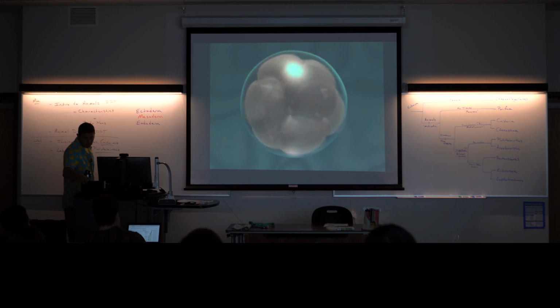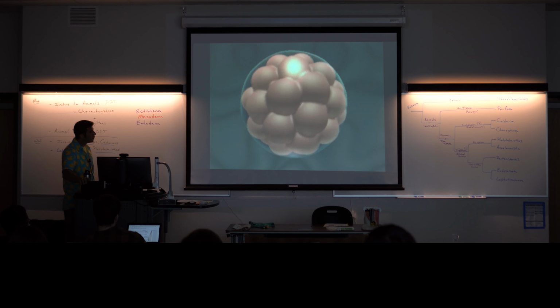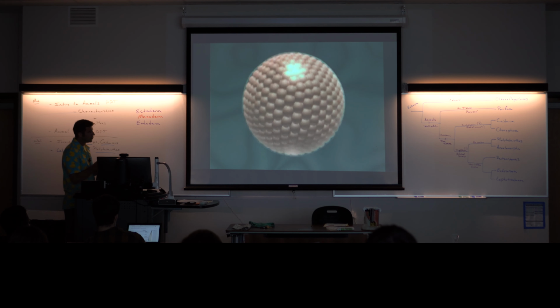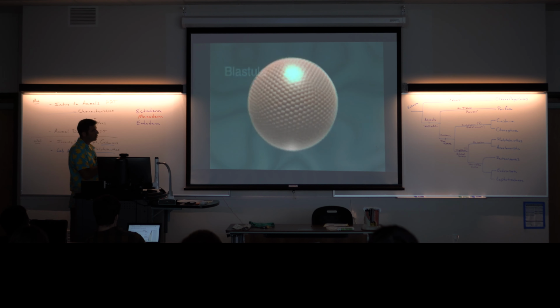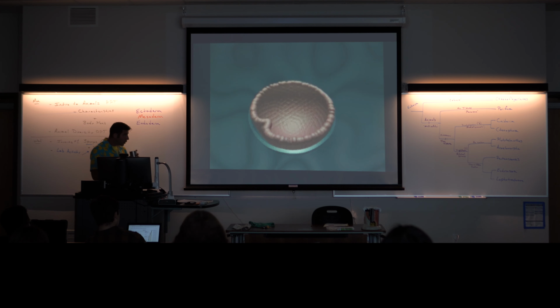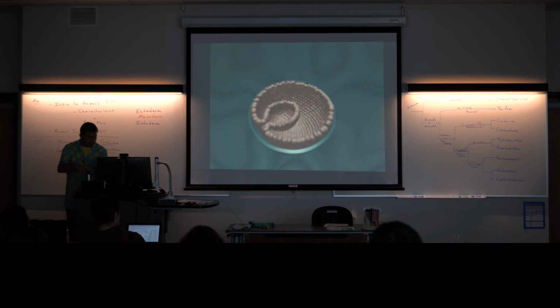Continuous cell divisions in the zygote result in a hollow ball of cells called a blastula. With each cell division, the cells become smaller. As the embryo continues to grow, some of the cells of the blastula fold inward, forming the gastrula. All animal embryos, except sponges, pass through this gastrula stage.